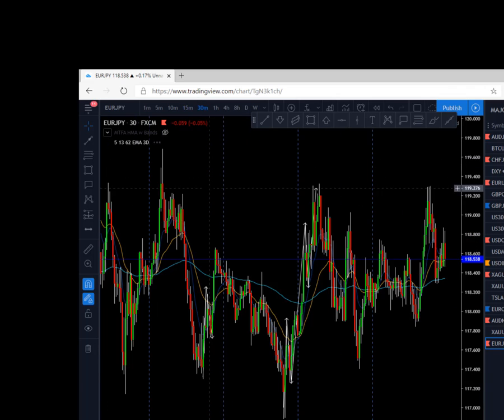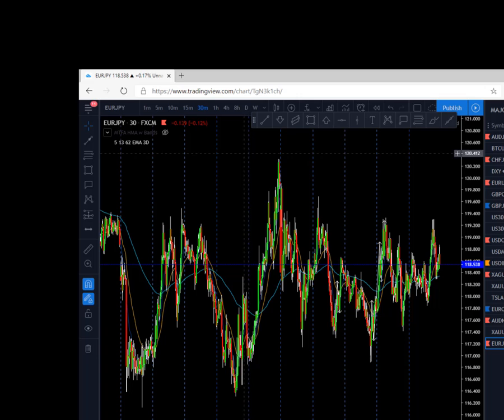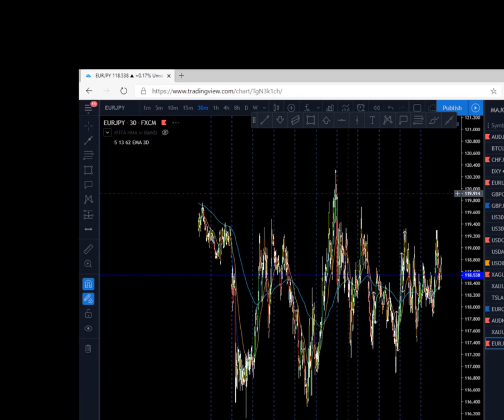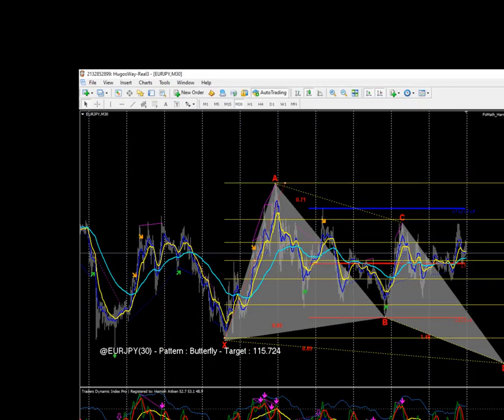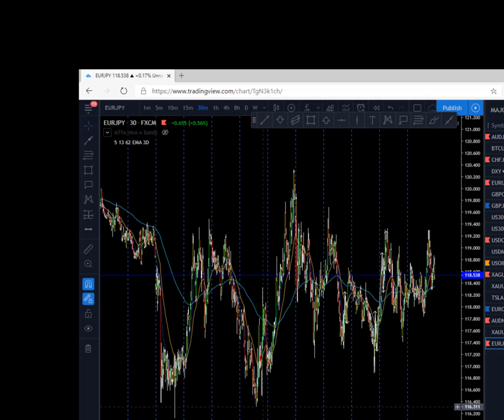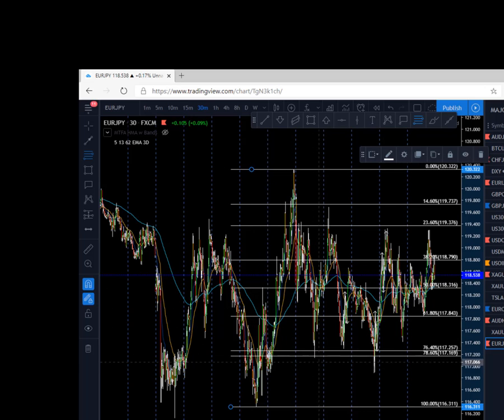I'm gonna go back to the 30 minutes to find the first impulsive move, which is the X and A point. So it seems like it's gonna be this lower low and this highest high. So X and A. And this will be my B point. Again, this is the minimum.